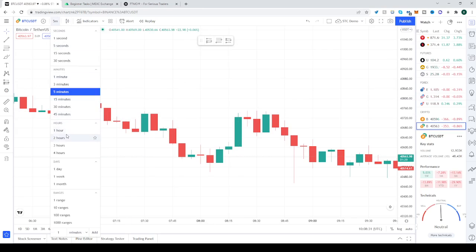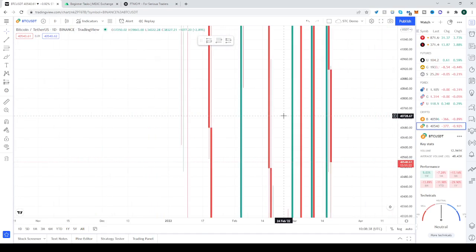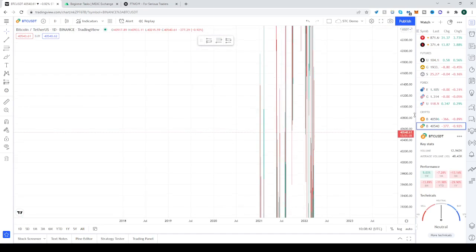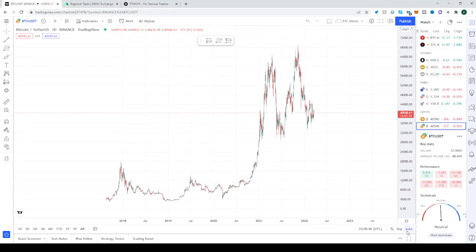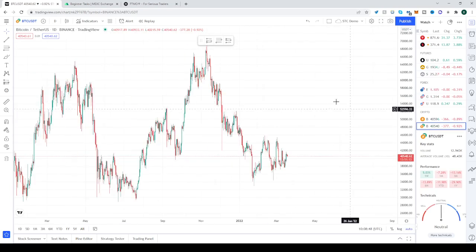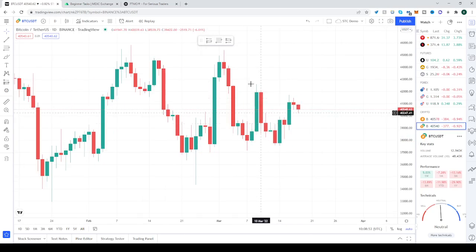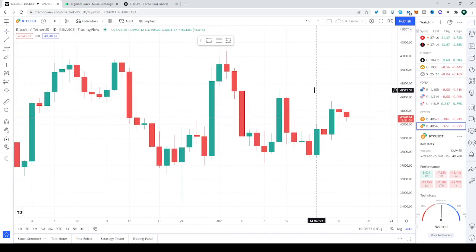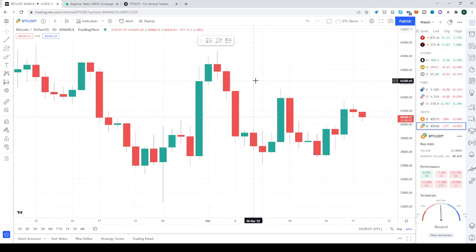Let's just give an example, let's say with 1 day. Let's zoom out a bit. Alright, we can just click out. So it's the same for a day as it is for 5 minutes, just different periods.